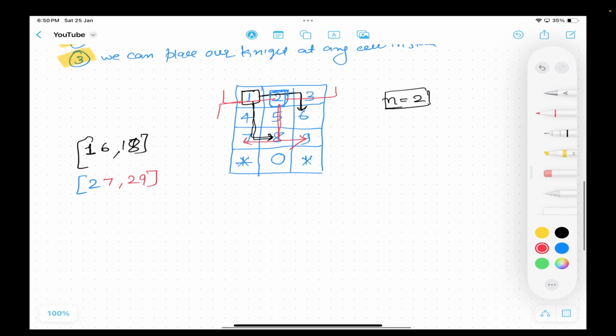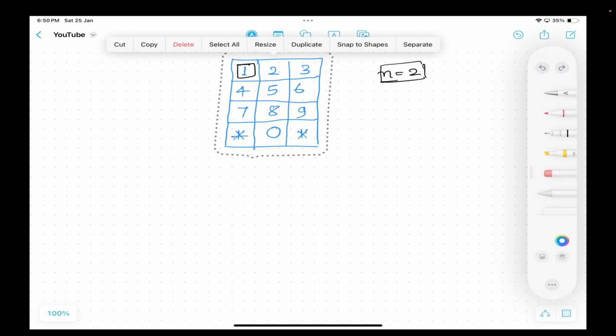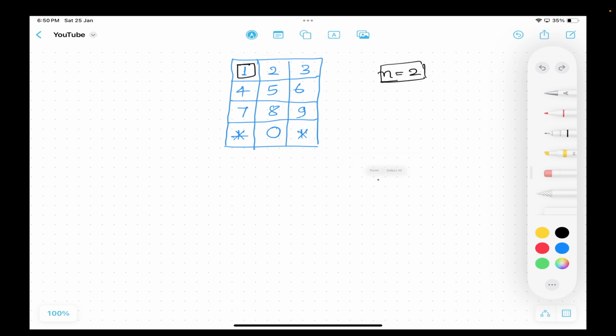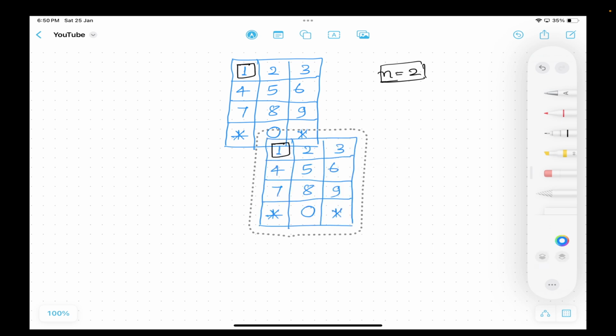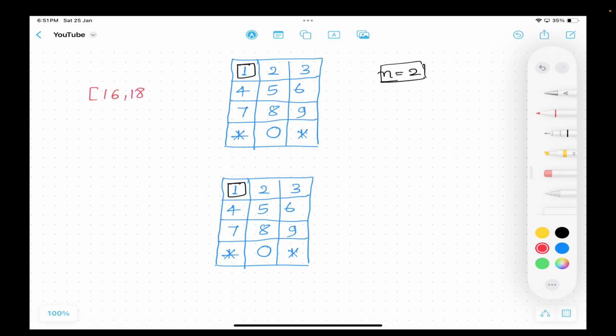Let me first clear this board and make a copy of it. Copy, paste. So with 1 we have the options 16 and 18.